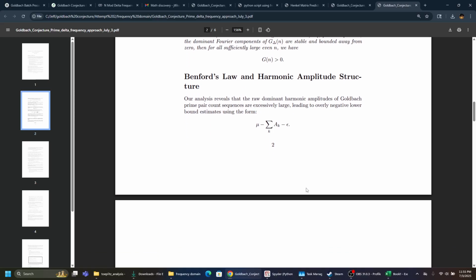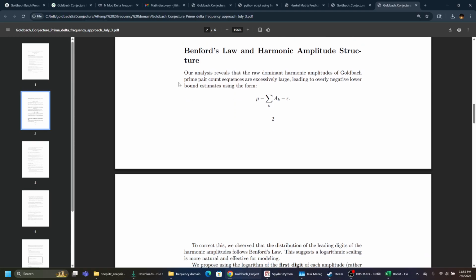And here's the thing. The raw dominant harmonic amplitudes of Goldbach's prime count sequences are excessively large. So every time we tried to bound it to the lower bound, basically I was trying to go to infinity and capture the lower bound to prove that these frequencies go all the way out to infinity and never change behavior.